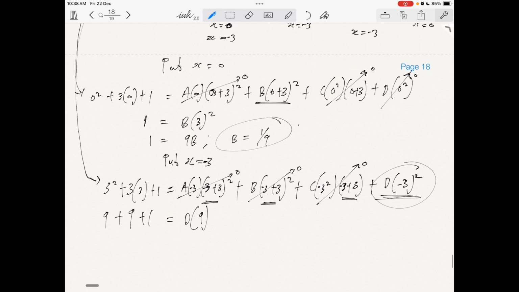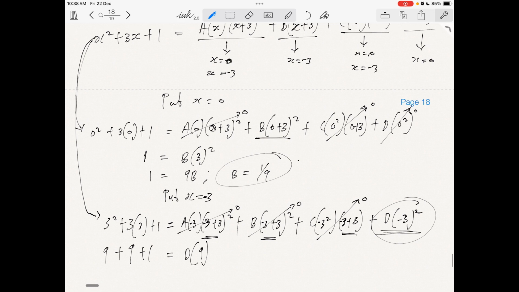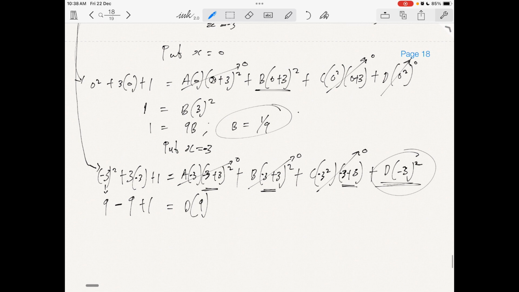Minus 3 squared is 9. 3 multiplied by minus 3 will give us minus 9. So it's 9 minus 9 plus 1. We'll have 1 is equal to 9d. So that means our d is also 1 over 9.